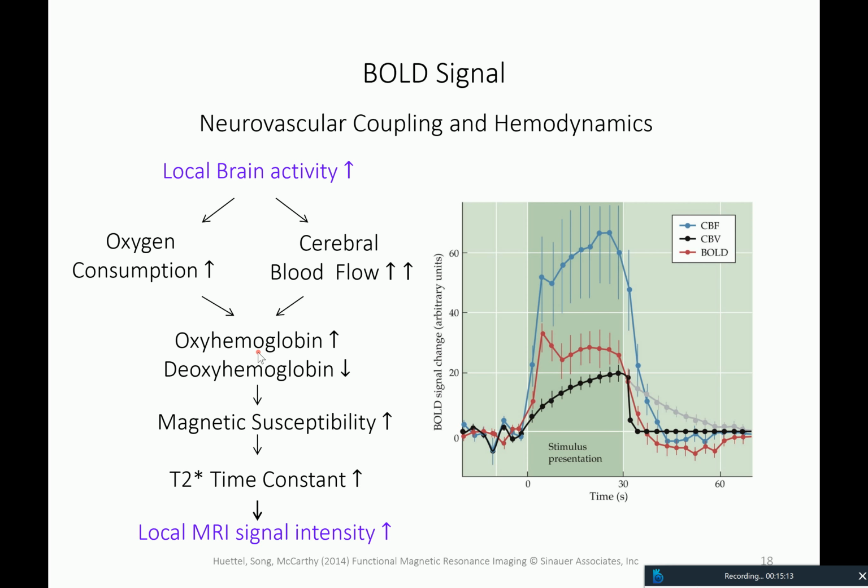But what actually happens is that there's an overcompensation, and where there's demand for energy, there is an increase of the oxyhemoglobin, and at the same time a decrease of the deoxyhemoglobin, which then leads to the fact that the paramagnetic hemoglobin that influences the magnetic field goes down. So there's less distortion, and the MR signal goes up.